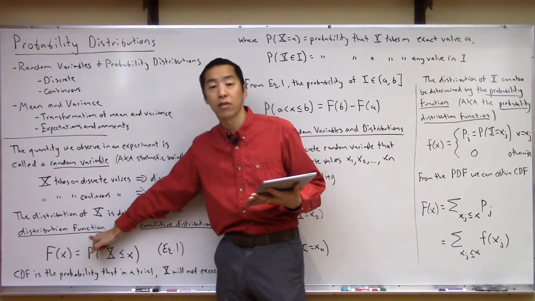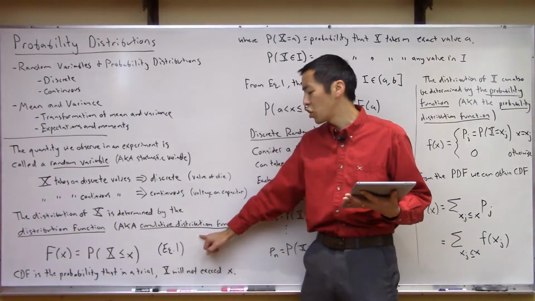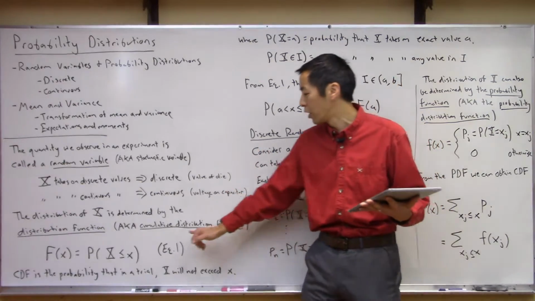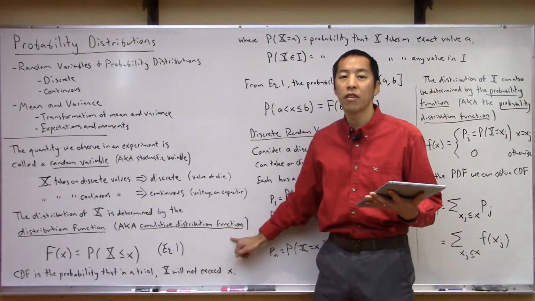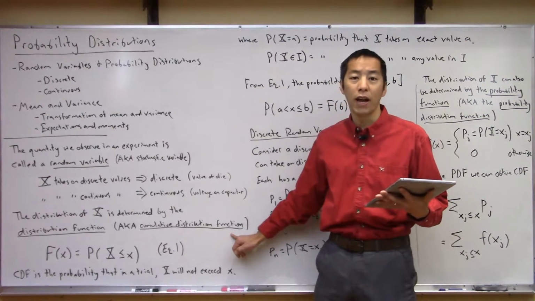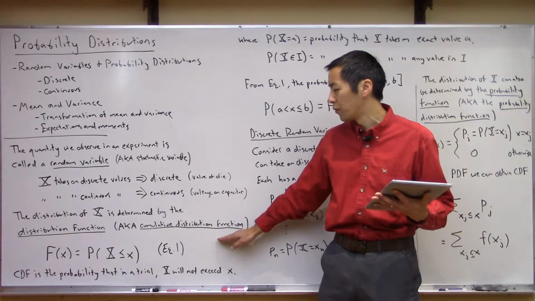Some texts and references call it a distribution function. I like to call it a cumulative distribution function, and a lot of texts call it that too. I feel it is a more descriptive moniker, as we'll see why, so let's refer to it as a cumulative distribution function.